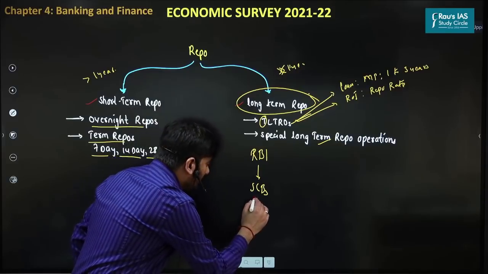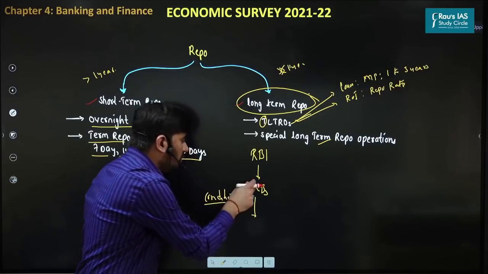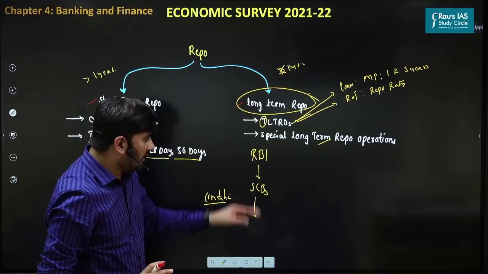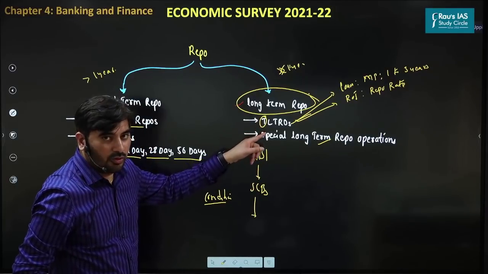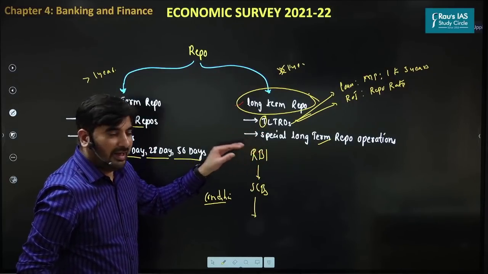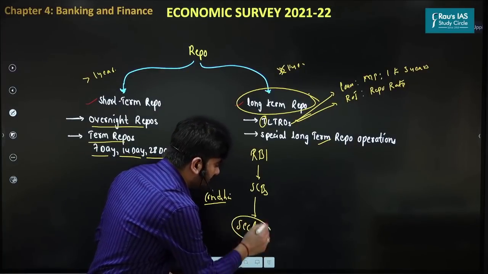And then the RBI imposes conditions on these scheduled commercial banks that whatever money they are borrowing from RBI under this particular tool, all that money, it has to give to only certain specified sectors.